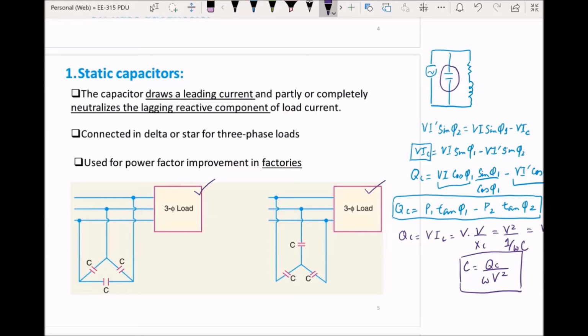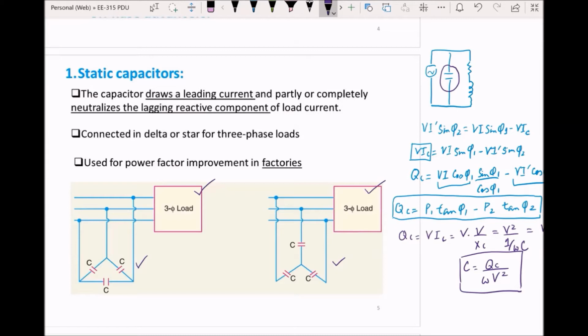But anyway, what I'm trying to say is that in these cases we have two configurations, and the set of capacitors here can be connected either in delta or in Y configuration, irrespective of the load configuration in which they are connected.